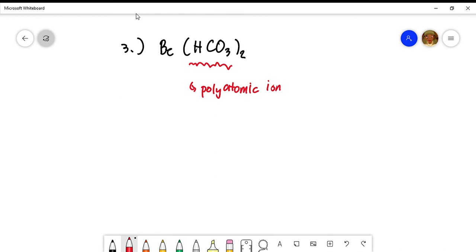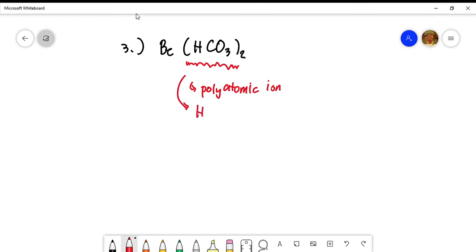So they behave as one. This type of ion is a family. So they are said to have a net charge of 0. So let's check if they indeed have a net charge of 0.